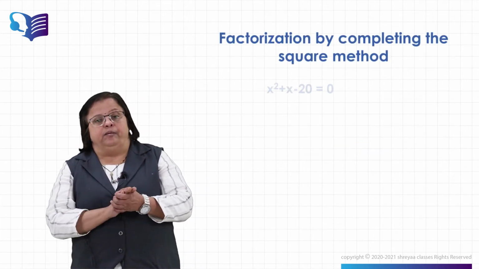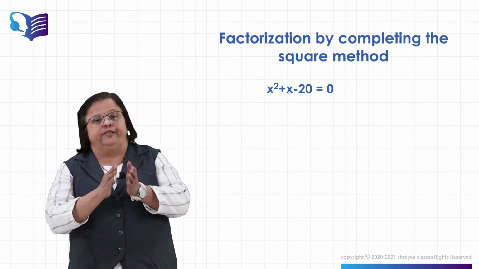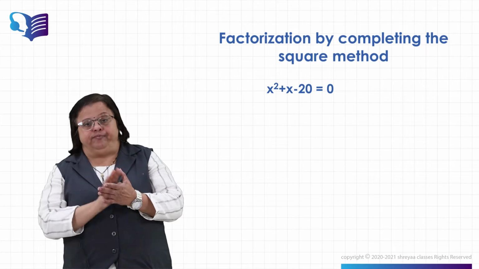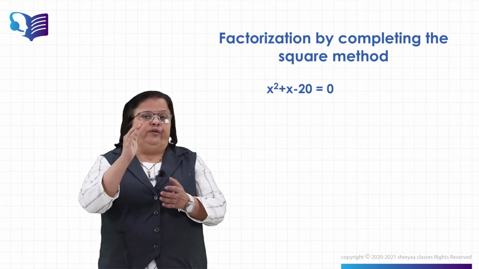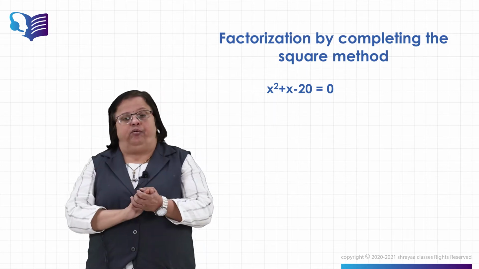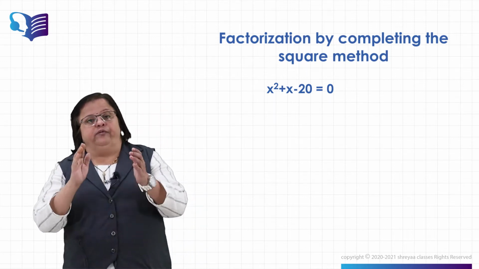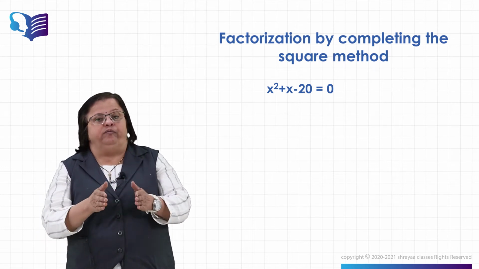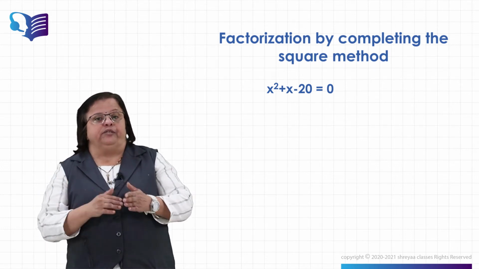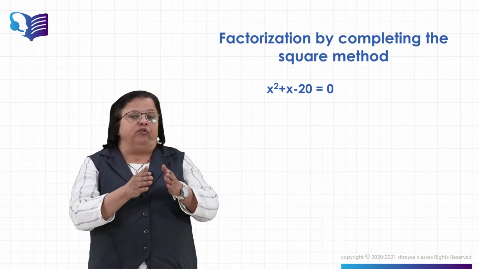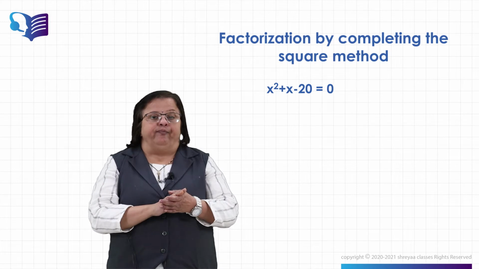Let us see, x square plus x minus 20 is equal to 0 is our equation. Now we can solve this equation by splitting the middle term also. But whenever it is mentioned in the paper that you have to solve by completing the square method or by the formula method, then you have to follow that method only.